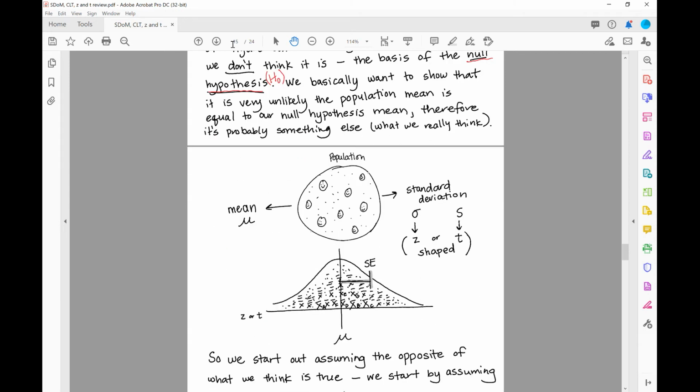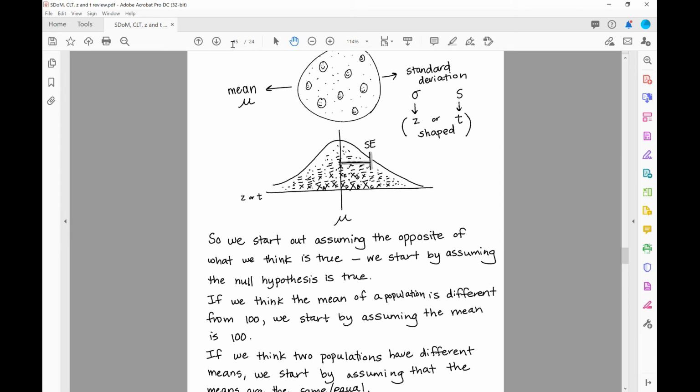So we start out assuming the opposite of what we think is true. We start by assuming that the null hypothesis is true. Right? So when we build our SDoM model, we're going to start by assuming the null hypothesis is true.